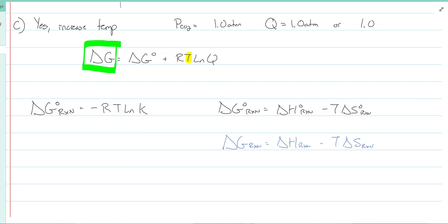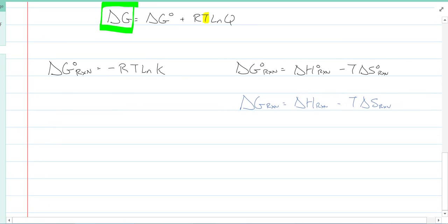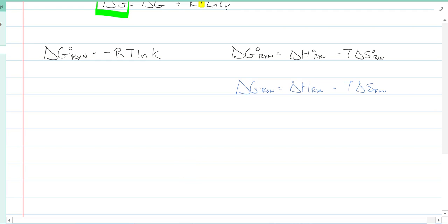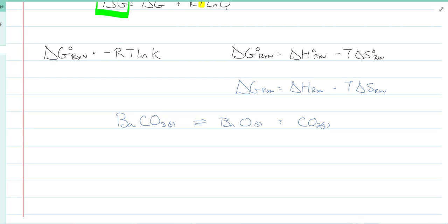We'll look up for barium. So we got BaCO3 solid going to BaO solid plus CO2 gas. We already know what delta G standard is, but we don't know what delta G is. Well, delta G will be 0.